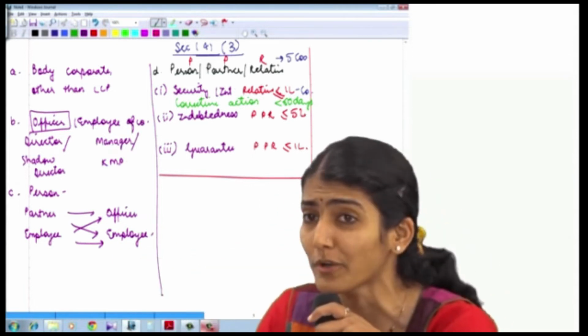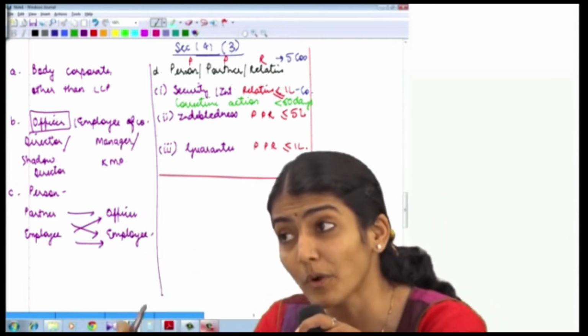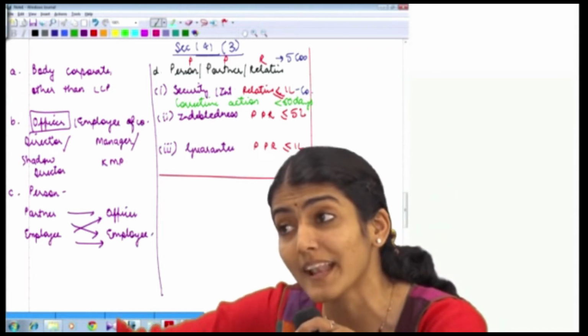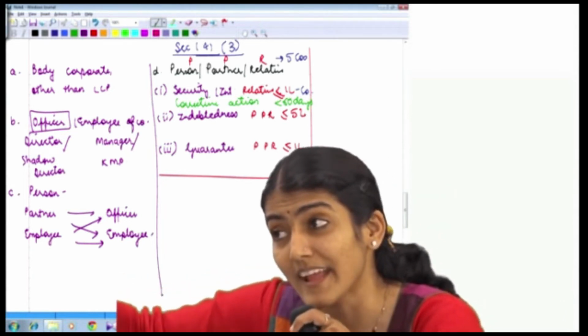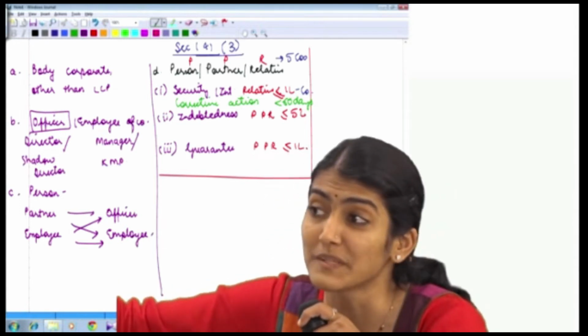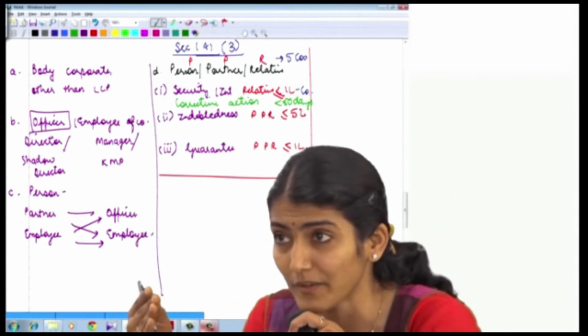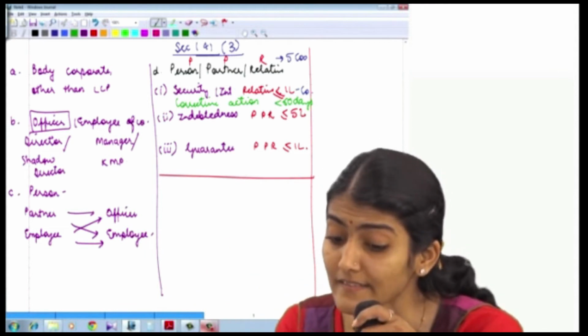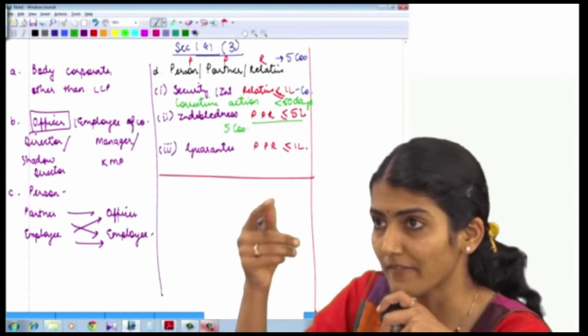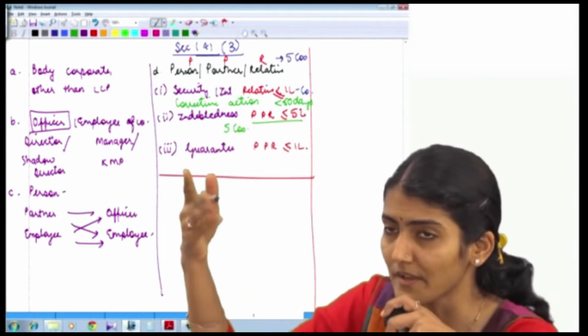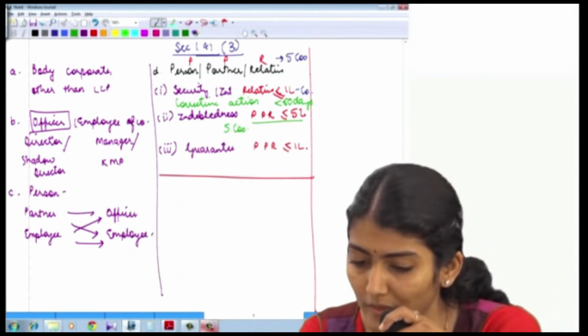I, partner, cannot hold only. Relative can hold up to the face value of rupees 1 lakh and that too only in the company. And then what does it say? If they exceed the limit, then corrective action to be taken within 60 days. Is that okay for everyone? Right. Indebtedness is for all the 5 companies. Up to 5 lakh to the company, holding, subsidiary, associate, any other subsidiary of holding company.